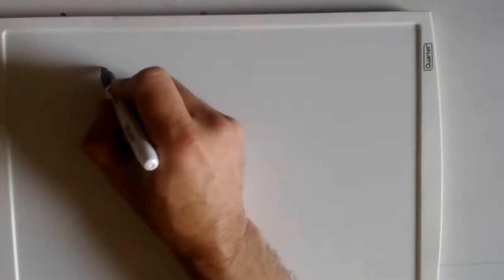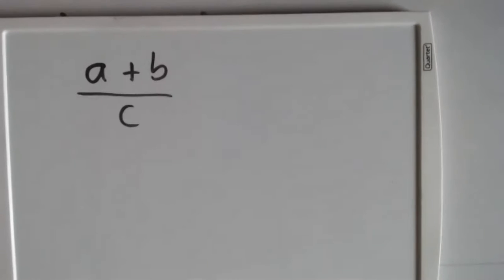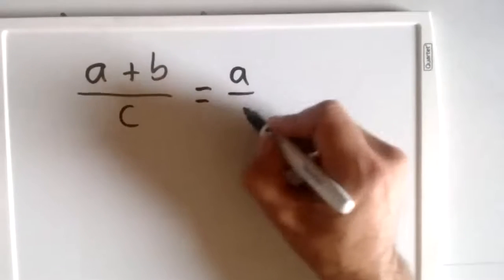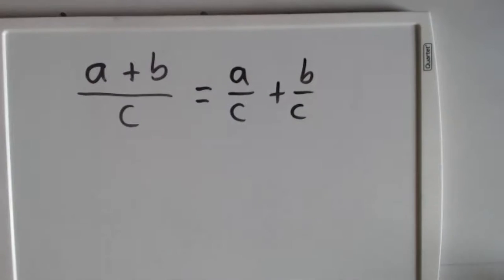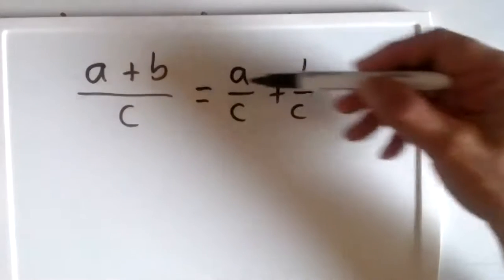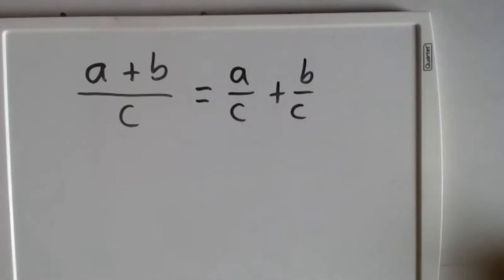Remember that when you have a plus b over c, this is a fraction, you can split it into the two numerators over the denominator, a over c plus b over c. So this complex fraction is going to be split into easy fractions. Everybody remembers this. Yes. This is the distributive property.